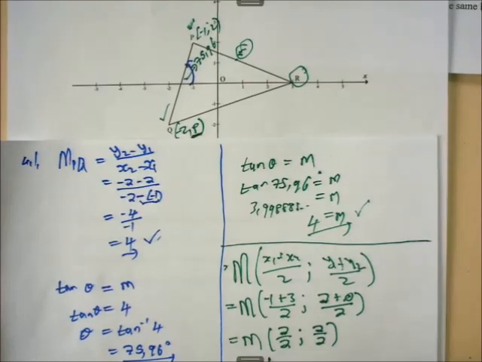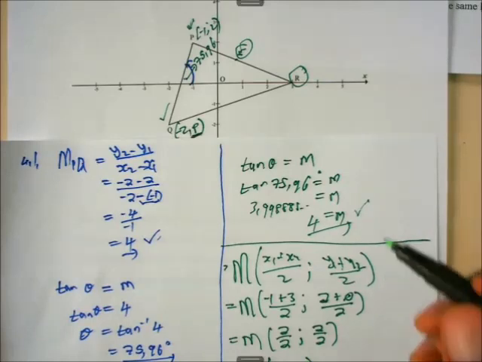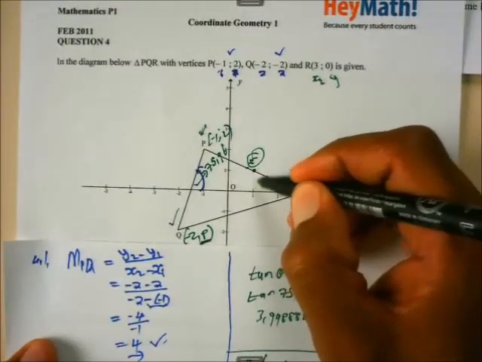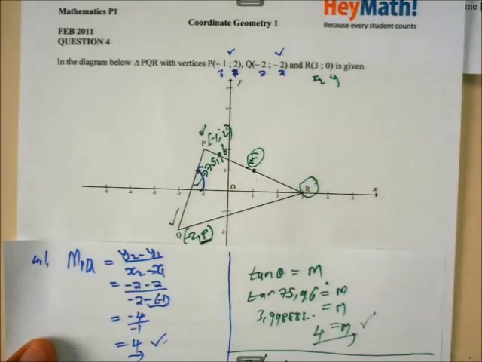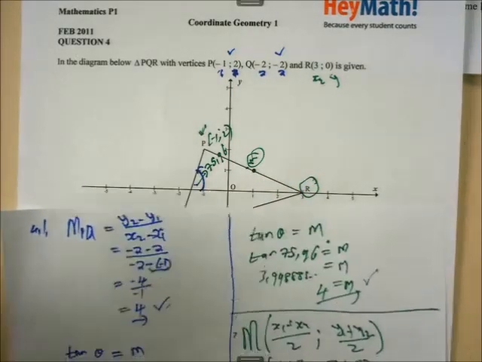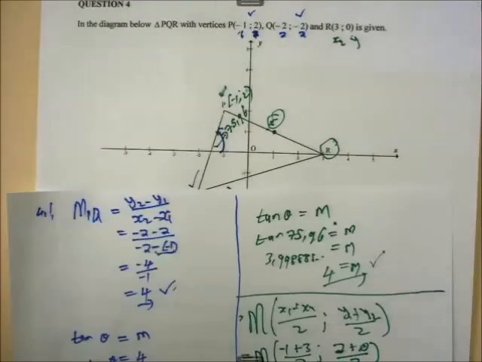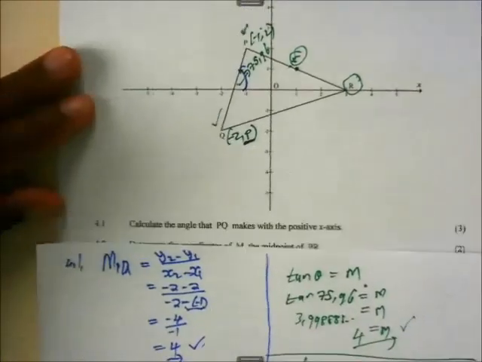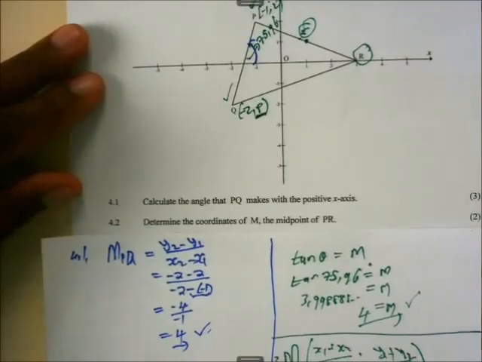Therefore, the midpoint here is 2 divided by 2, the answer is 1, and also 2 divided by 2, the answer is 1. Then you can see now the midpoint of this line is where x is 1 and y is a positive 1. Right, of course, boys and girls, you can see your answer there. It's 100% correct.